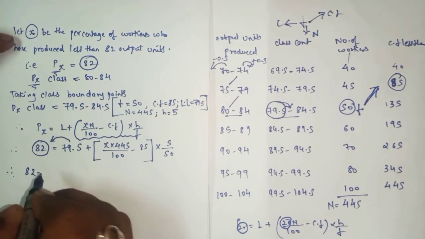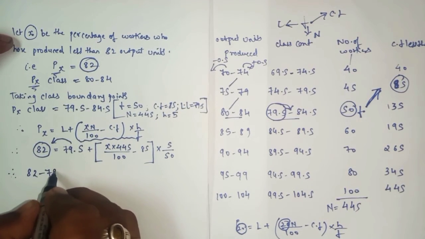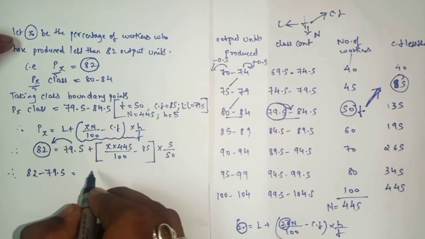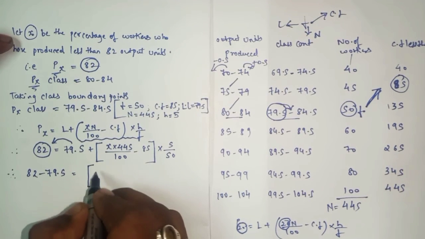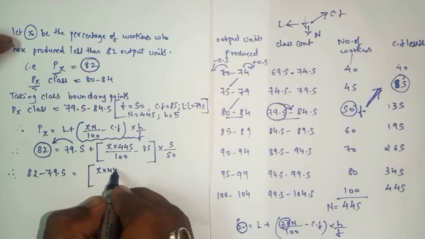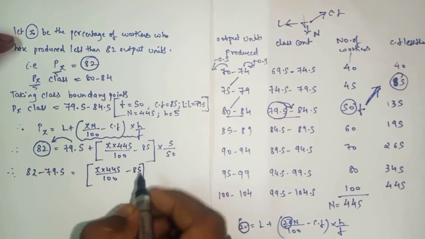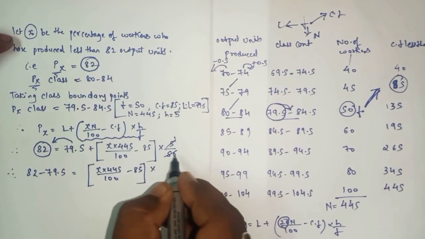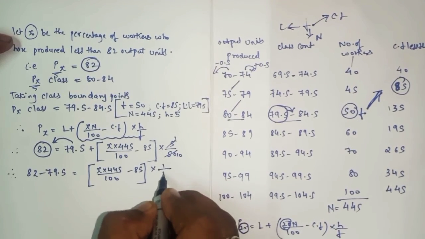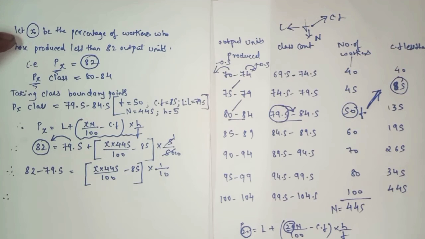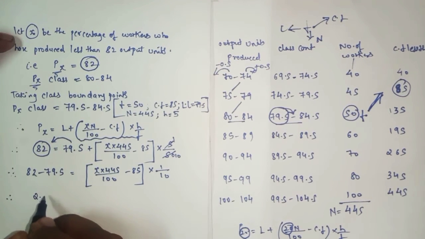So 82 minus 79.5 equals X into (445/100 minus 85), and 5 ones are 5, 5 tens are 50, we can cancel this part, 1 upon 10. So 82 minus 79.5, here you will get 2.5. Yes or no?